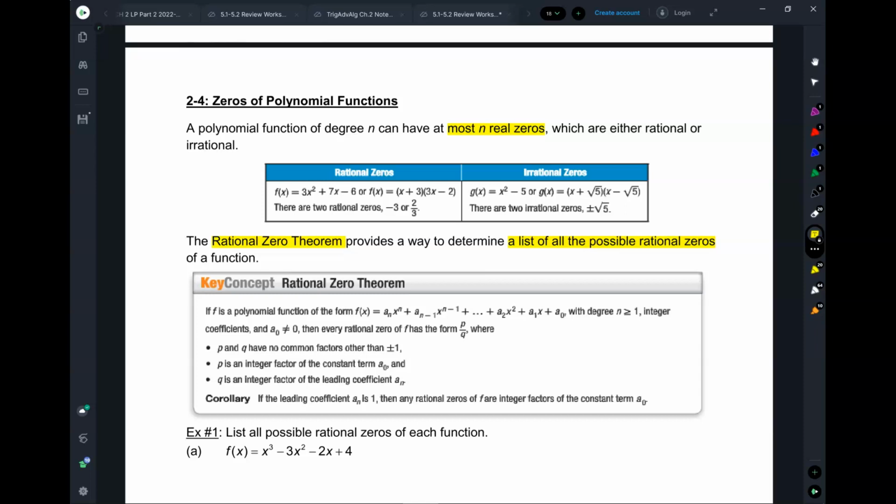That's a silly way to do it. There is a way to narrow the list down. If that function had rational zeros, 1, 2/3, negative 4, negative 6 over 7, these are all rational numbers, right? This theorem will give you a list so that any rational zero will be within that list, okay?